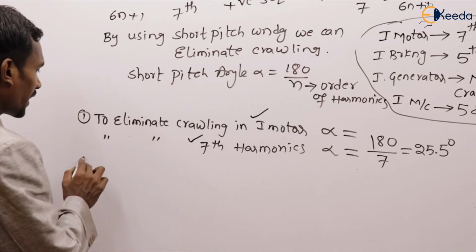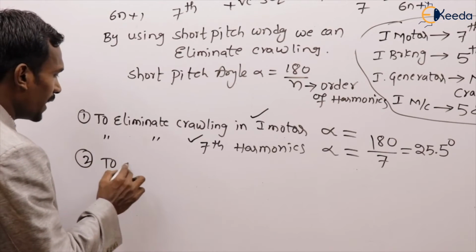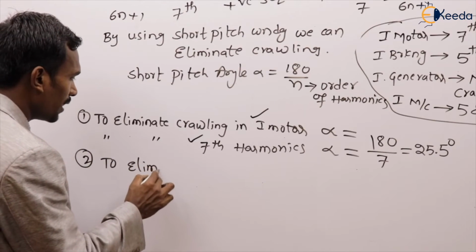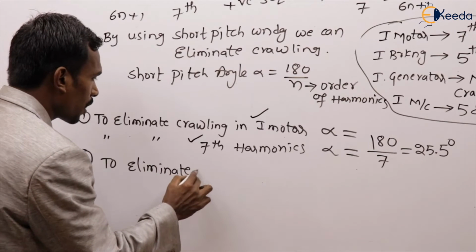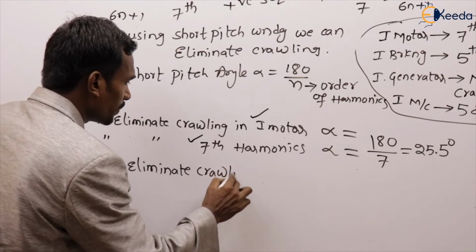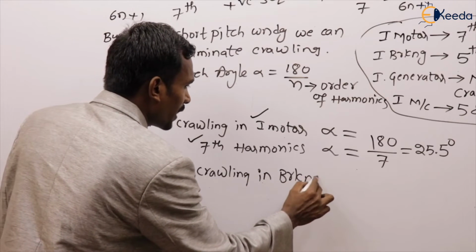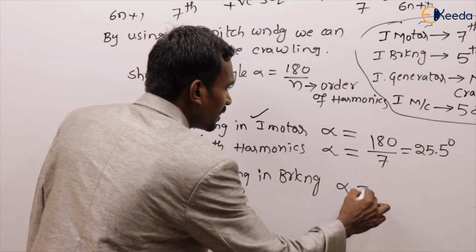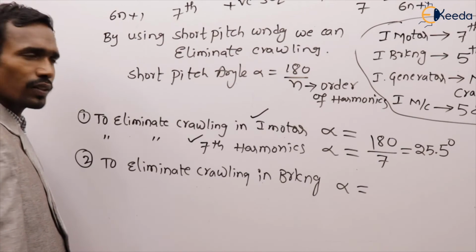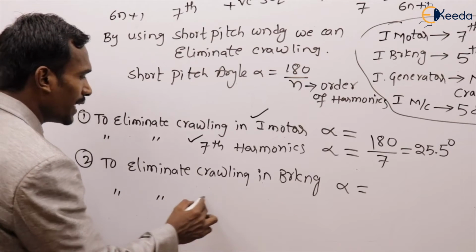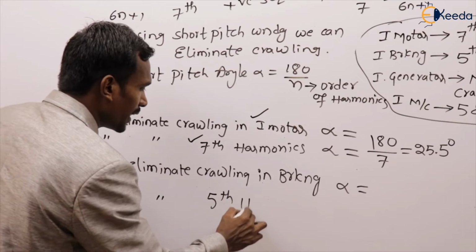Second question: to eliminate crawling in braking mode, alpha is equal to, or to eliminate 5th order harmonics.